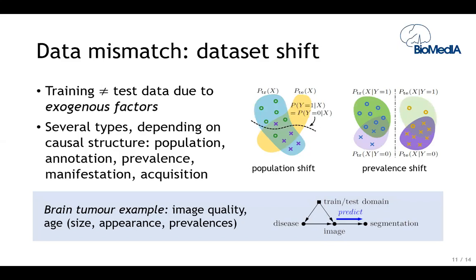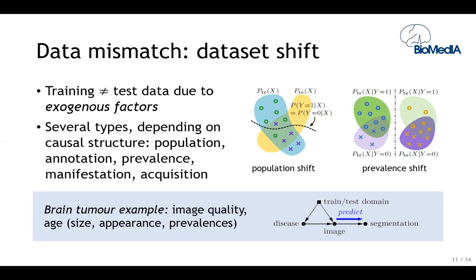So first of all, let's think about dataset shift. This is when the training and the test data are different because of external causes. Think, for example, of the populations between the training hospital and the test hospital being different, or if we're using inconsistent acquisition protocols between these two sites.